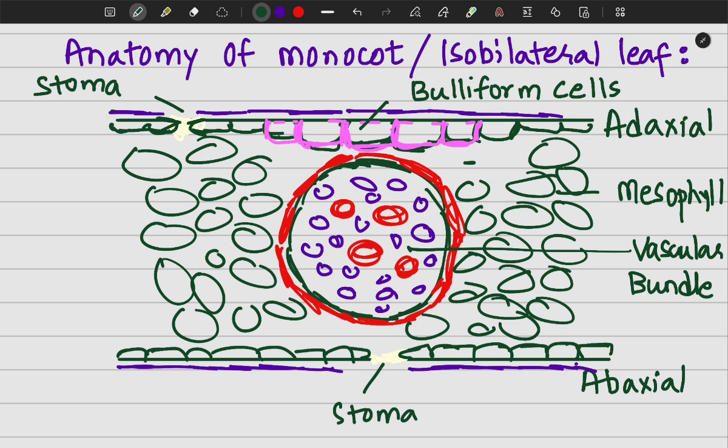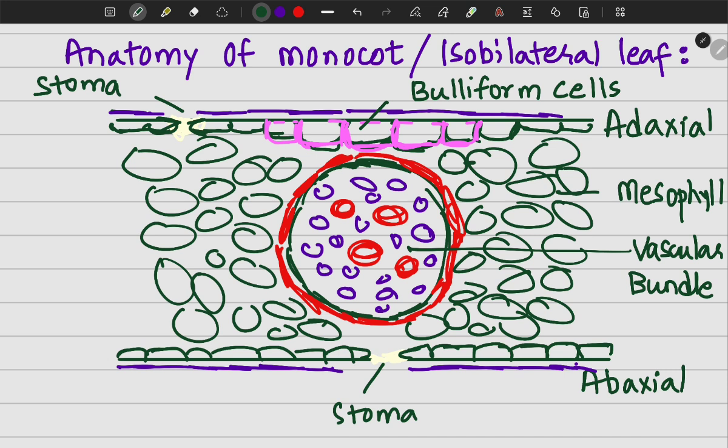What happens is whenever the leaves absorb water, then these cells become turgid, and once they are turgid, they help the grasses to expand their surface.